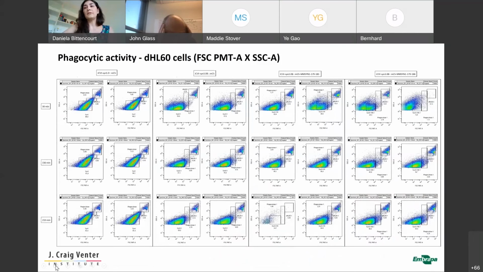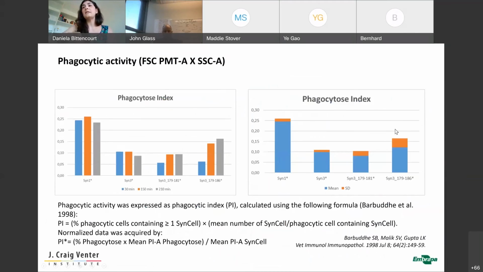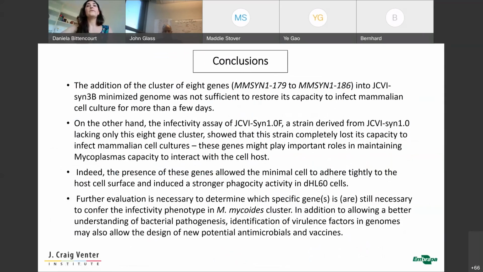We also did flow cytometry analysis, looking at these cells cultured with HeLa cells through time. And we also noticed a slight increase of phagocytosis activity in the add-back mutant with the 8 genes back. So this also shows that these genes are important for the virulence of mycoplasmas.